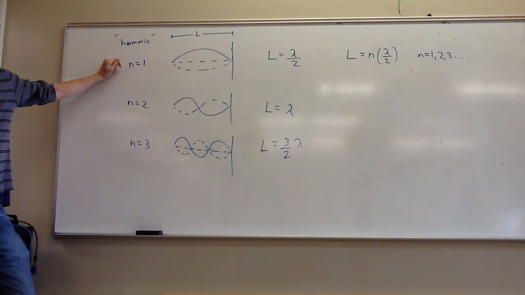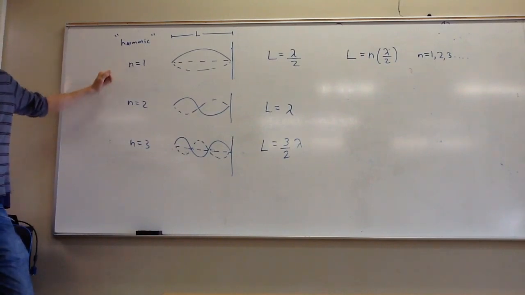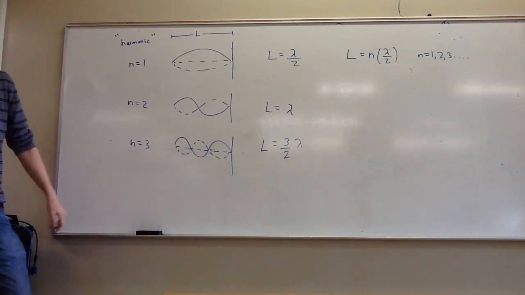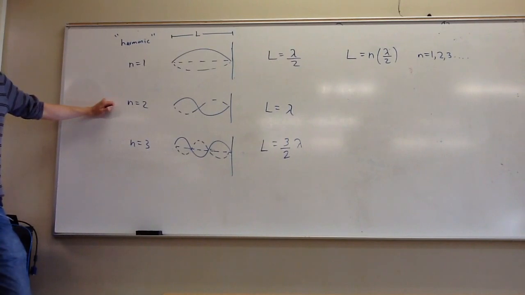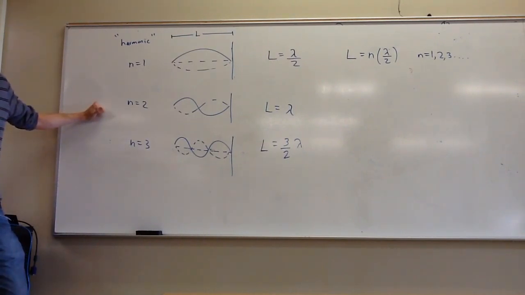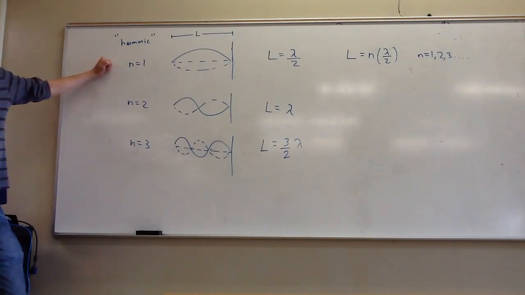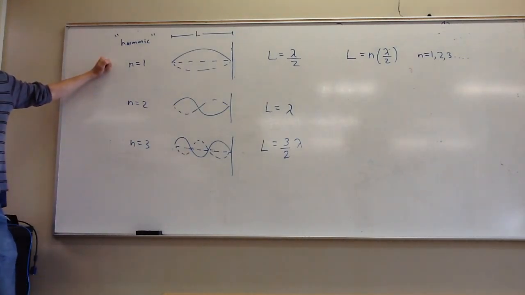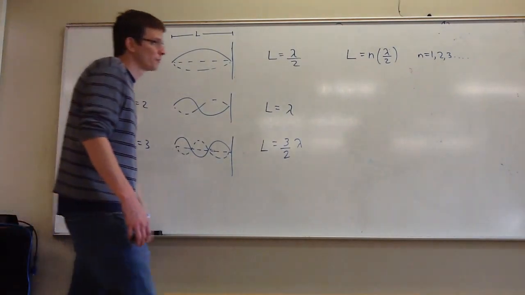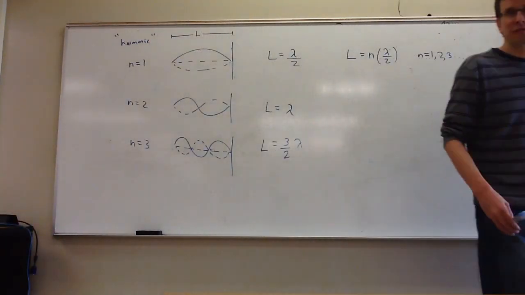If you've ever heard that, maybe in a music theory class. And then the rest of them are first overtone, second overtone, third overtone. And so the second harmonic is the first overtone. There's an offset in the overtone number and the harmonic number because the first harmonic is called the fundamental, which is a different name.